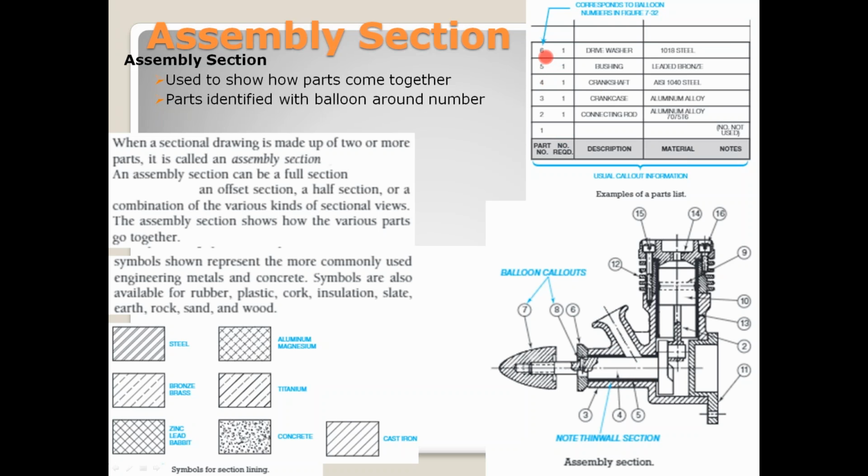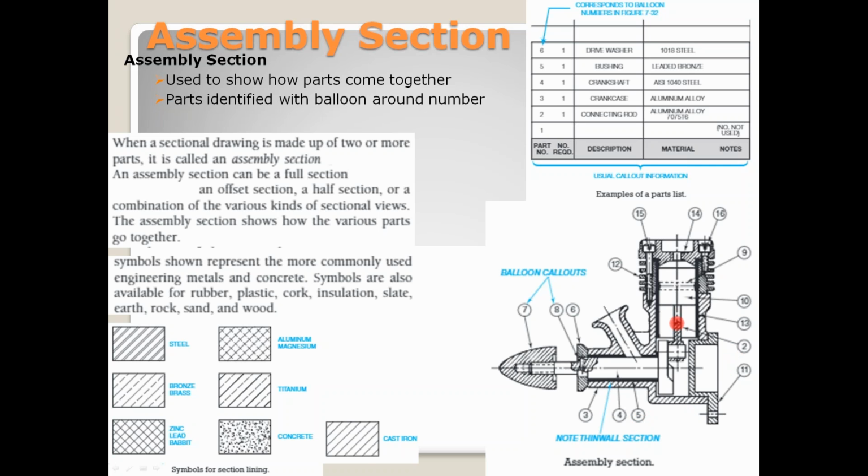So you have a 6, and that's a dry washer. 6 is a dry washer, and the material of it is steel. And 5, you can see the 5 is the bushing, and so on. Connecting rod, if you look at this, is your connecting rod, and it's made out of aluminum alloy.